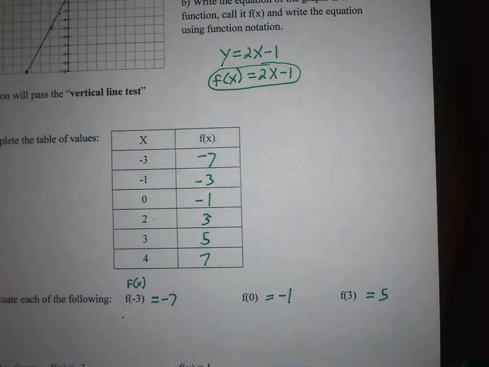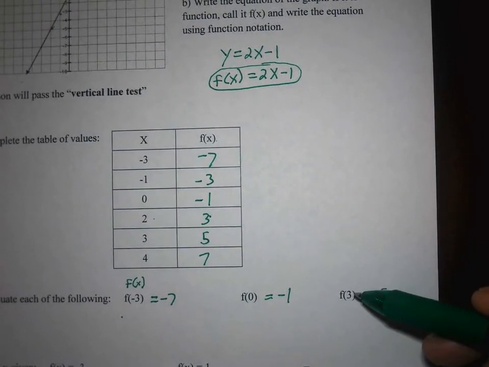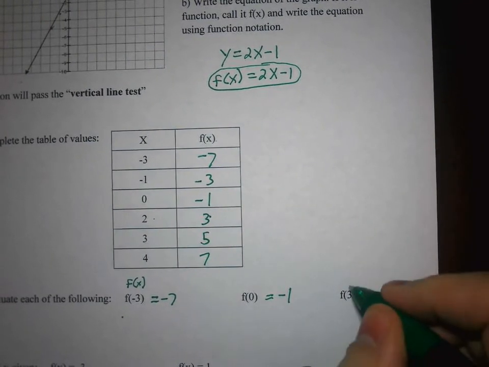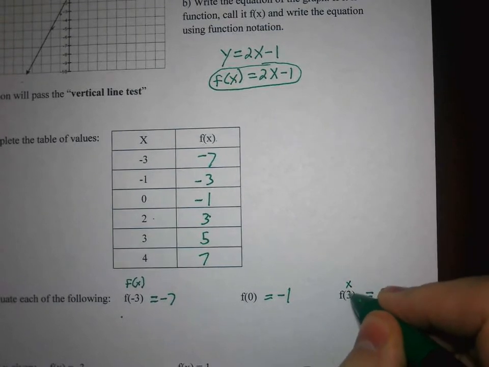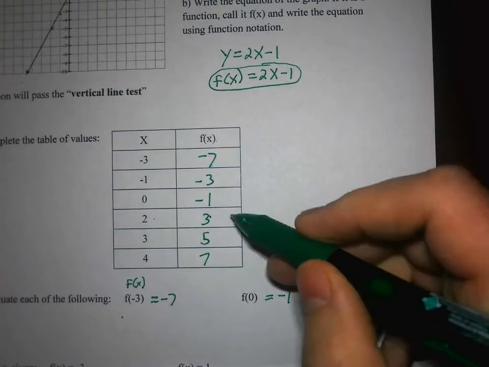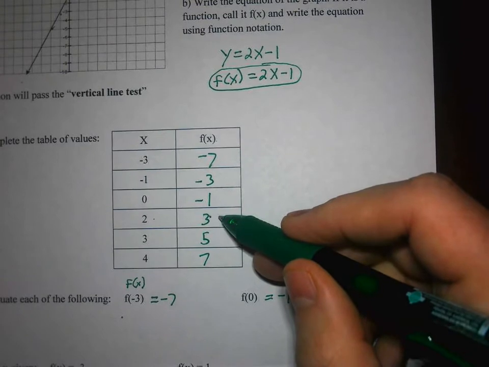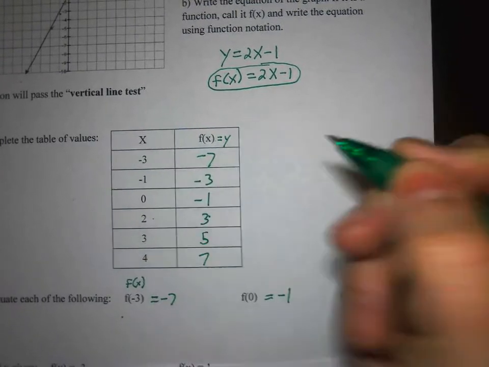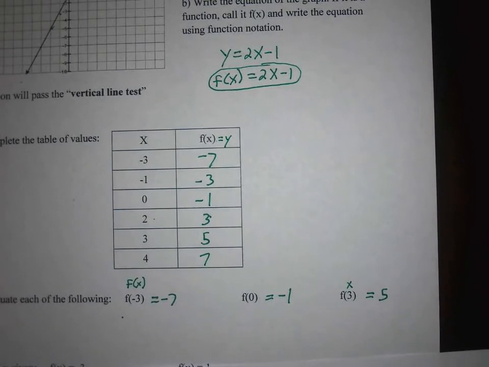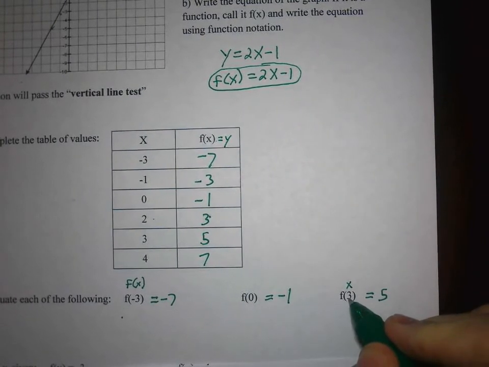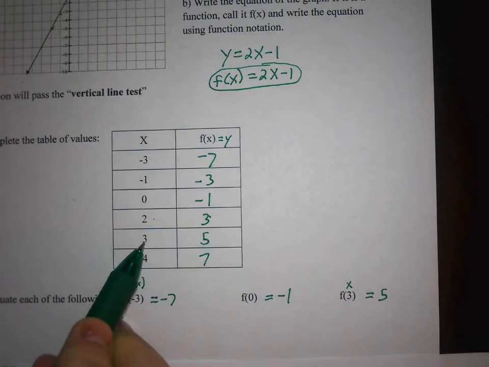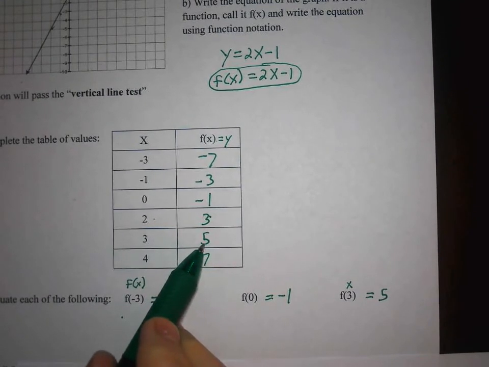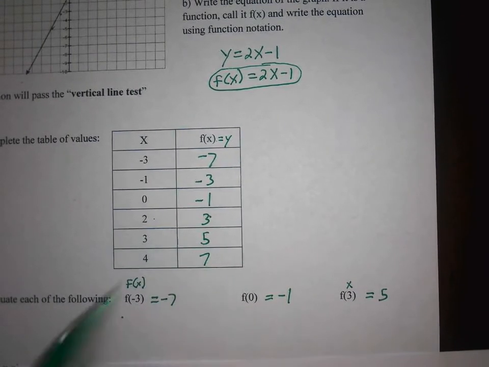The problem with that is when you see f of 3, that's function notation telling you that the x value is 3. When we go here in the table, that's a y value of 3. Remember that f of x means y. So f of 3, when x is 3, we get 5 for an answer for y. So you've got to be careful with that.